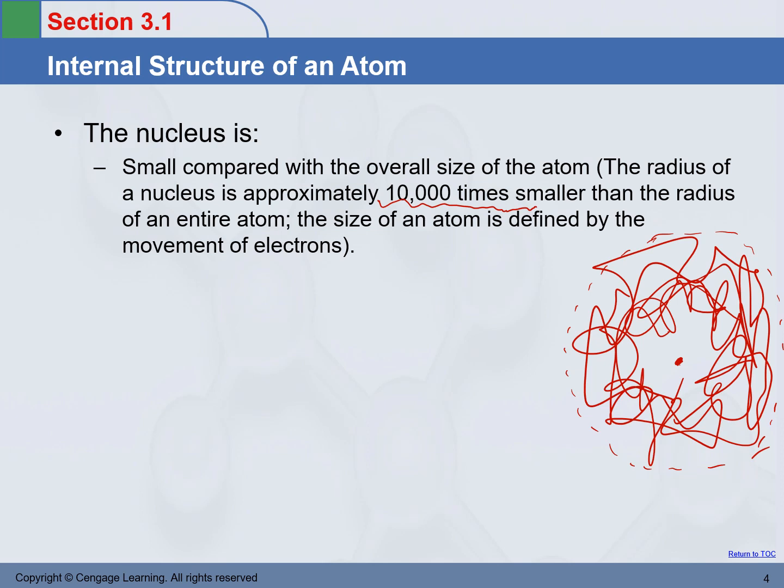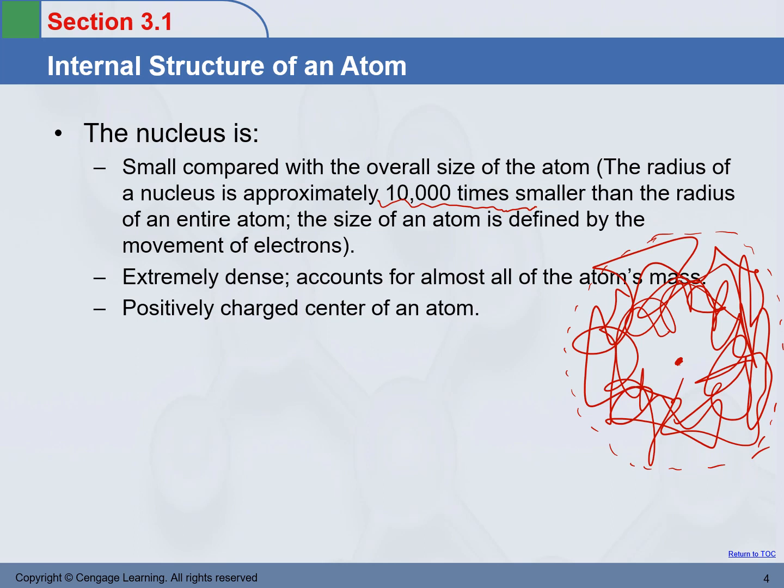You might not have seen any model of an atom being drawn in this way, but this is what we can do right now based on our current knowledge. The nucleus is extremely dense. Almost all the mass is in the nucleus. That makes sense because inside the nucleus we have protons and neutrons, and each one of them is about 2,000 times as heavy as an electron.